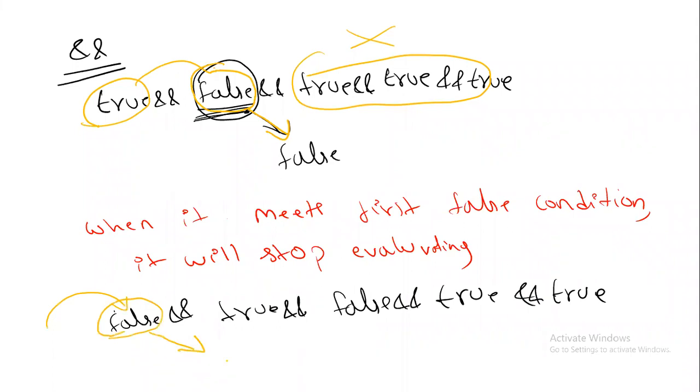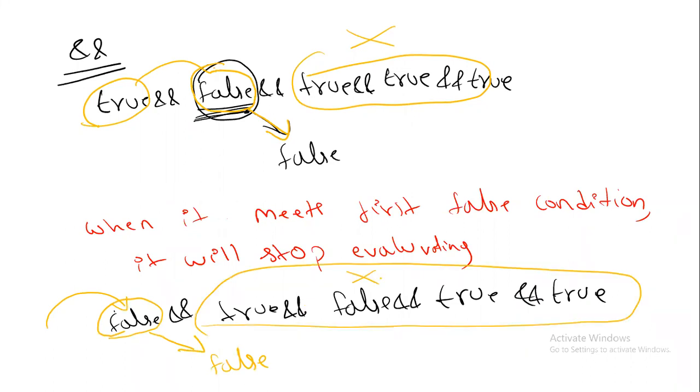The answer is false here. It will not search the other conditions at all. Why will it not search? Because it knows that if one condition is false, everything is false. That's why the name is logical operator, because it thinks logically. It's a waste of checking other things. Okay, fine.